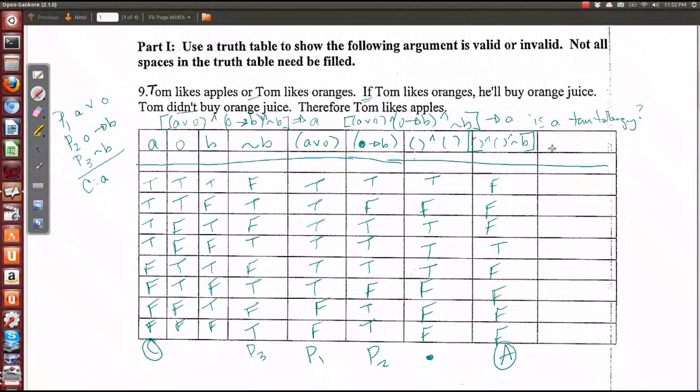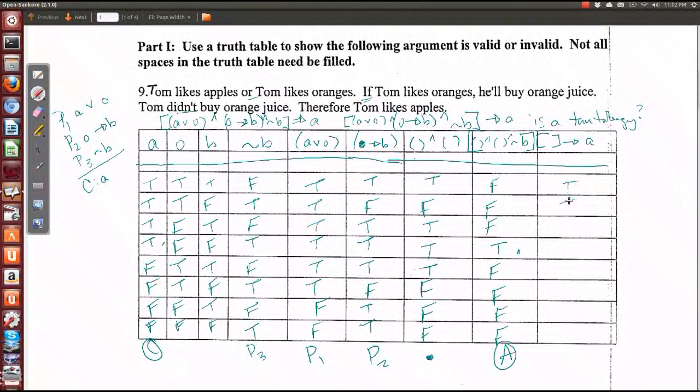And remember that a conditional is a statement that is only false if the antecedent is true and the consequent is false. That never happens here. The only time my antecedent is true, my consequent also happens to be true.